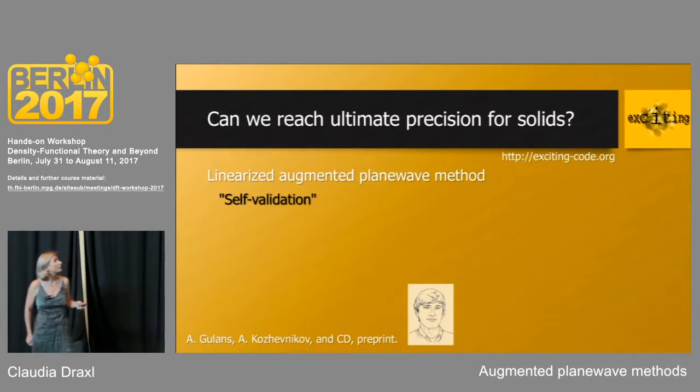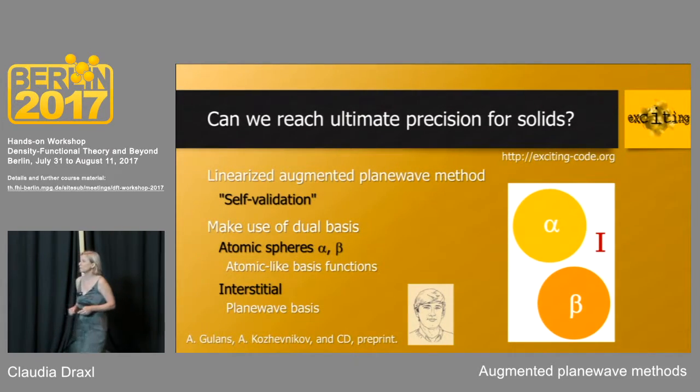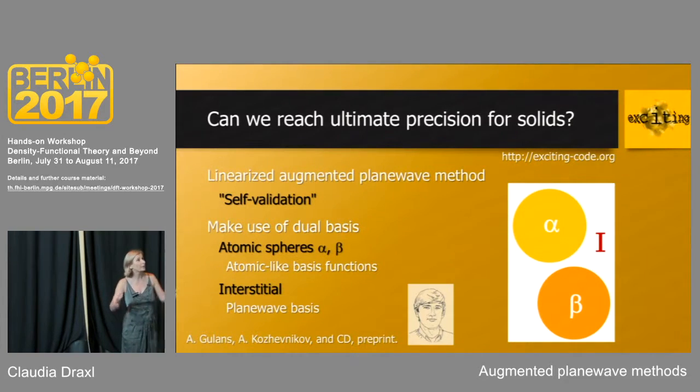So remember, we have this dual basis, atomic-like basis functions in the spheres, and plane waves in the interstitial. And so who tells us how large we choose these spheres? We can choose them very large, then they can be touching, they never should be overlapping, but they can be touching.